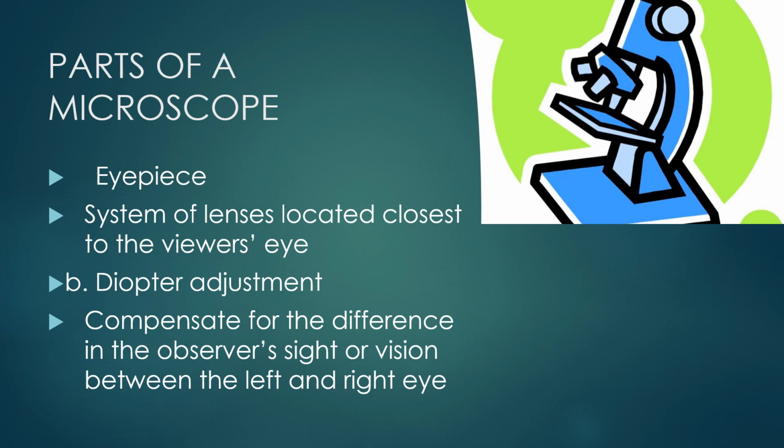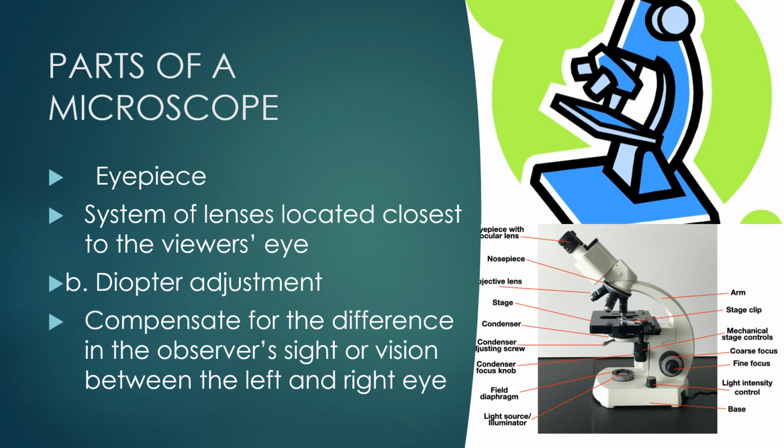This one can be adjusted. And here is an illustration of your compound microscope. This is your eyepiece, and this part you can actually rotate. This is your diopter adjustment.